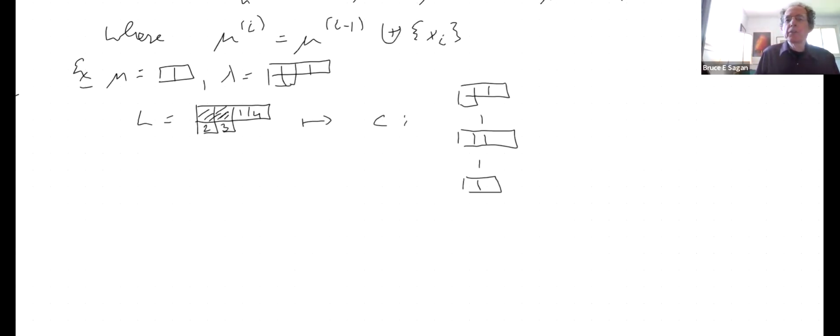Now I add the 3, that box where it should be. And then finally the 4th box, at the end of the last row. And now I've gone from this mu to this lambda just by adding the boxes in the order that the linear extension was telling me to add the boxes. Everybody see what's going on here? Any questions about this?